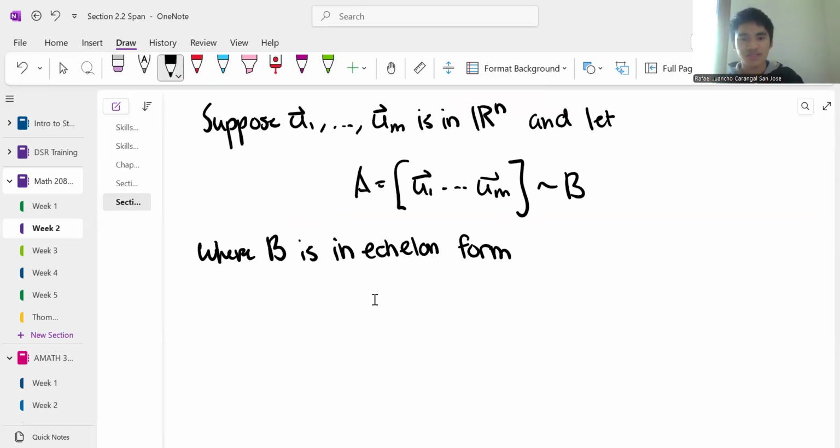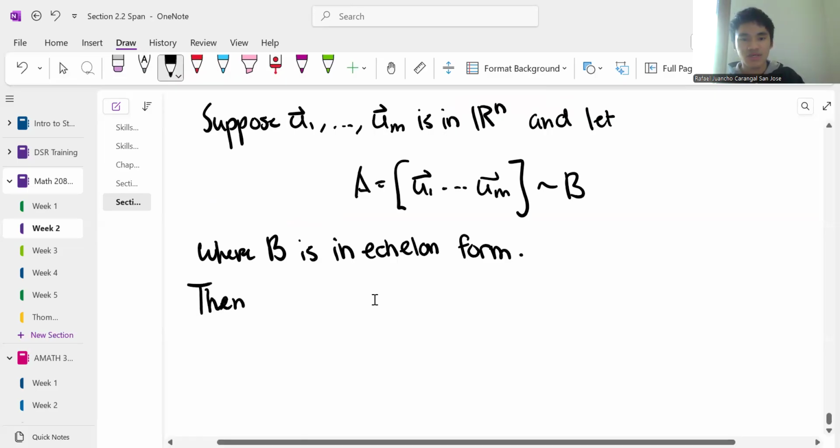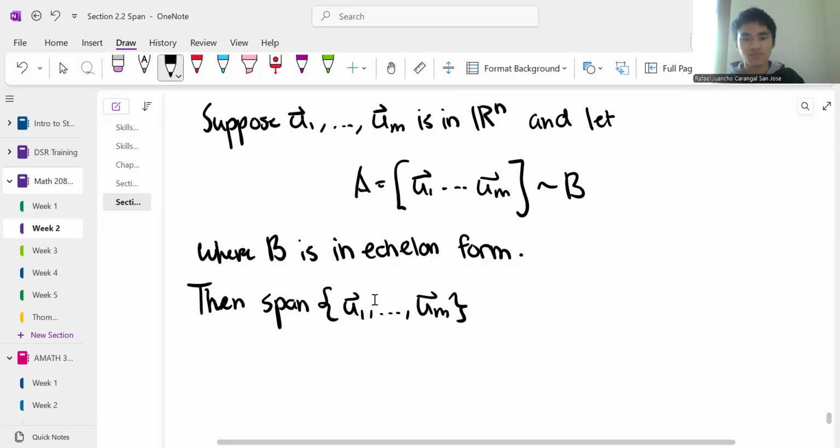So what does this tell us? Then the span of these vectors, u sub 1 all the way to m, is exactly Rn.